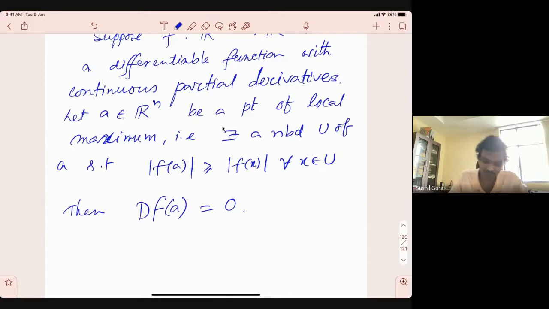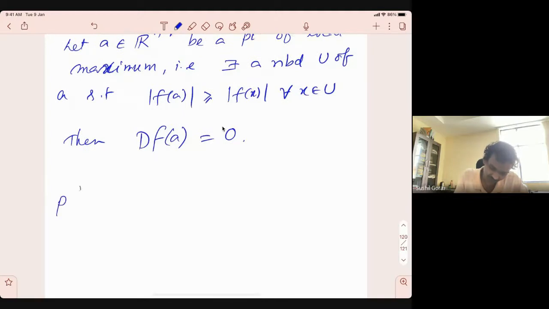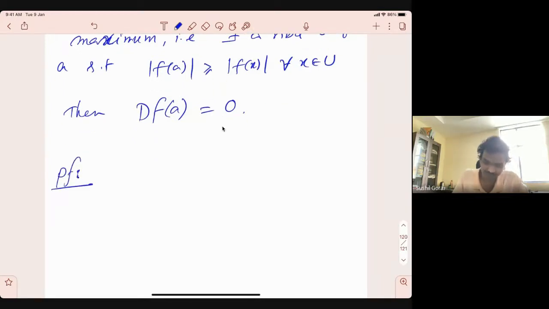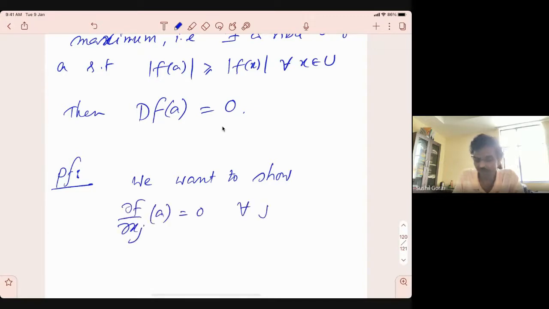So what you need to show, proof? Use partial derivatives. We want to show del f by del x_j at a is 0 for all j.